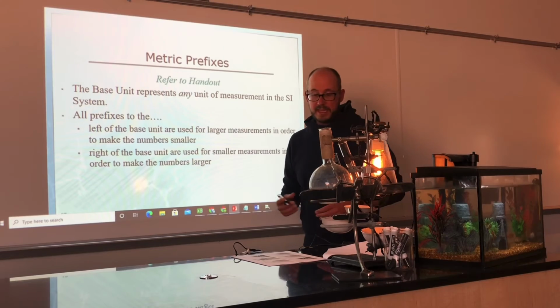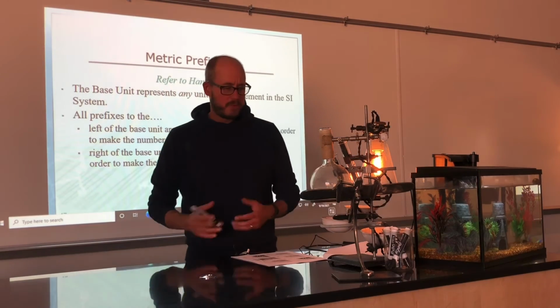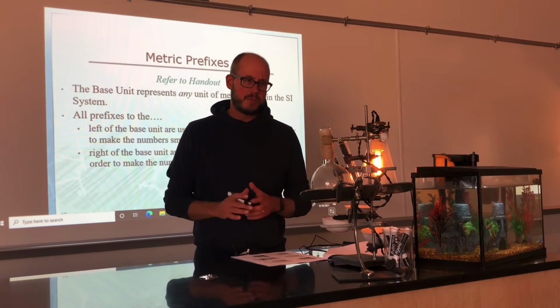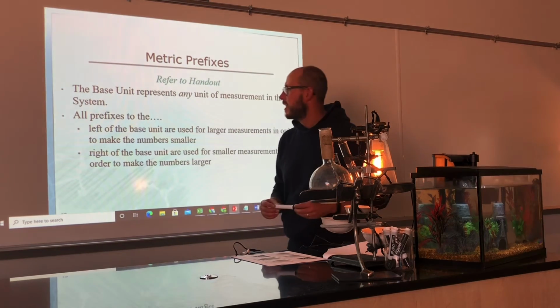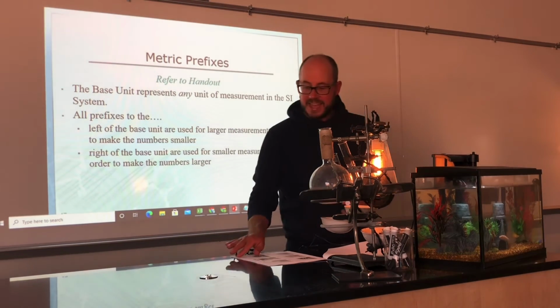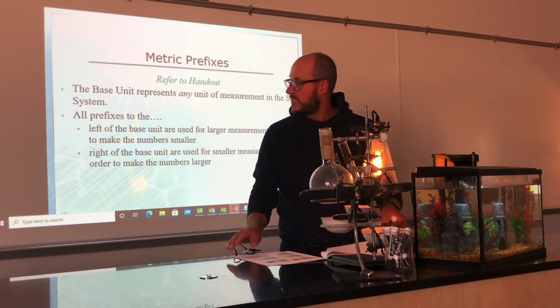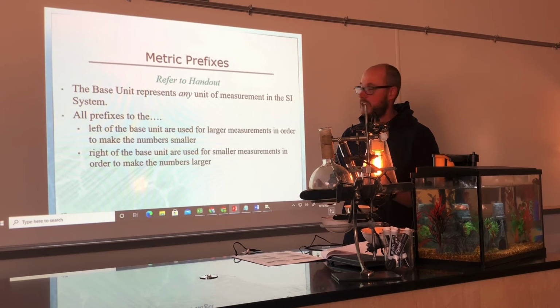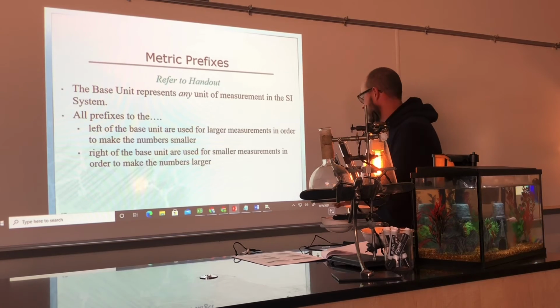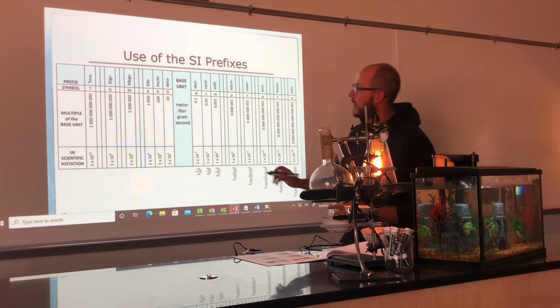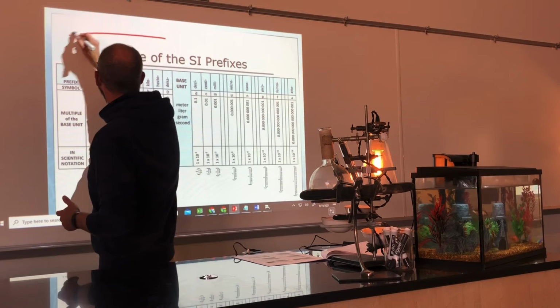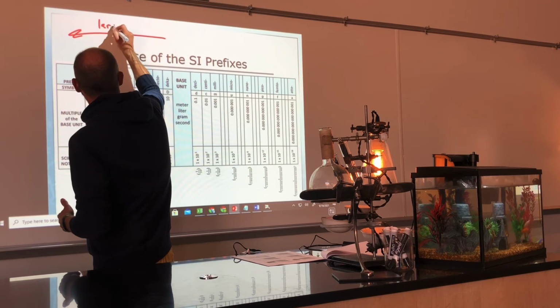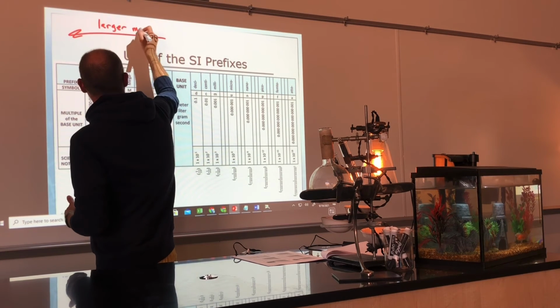Now, also on Google Classroom, you'll find a copy of all of the different prefixes in the metric system. Remember when you're looking at that list that all of the units that are to the left of the base unit are for larger measurements, and all of the units on the right side are for smaller measurements. So what does that mean?